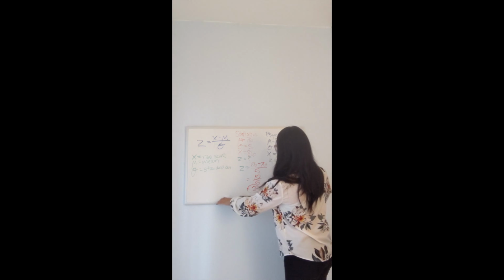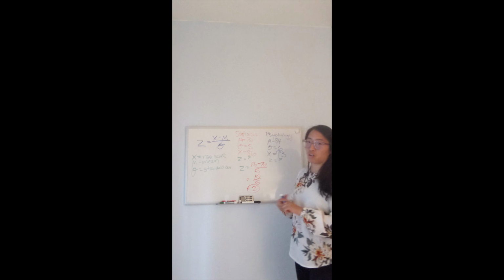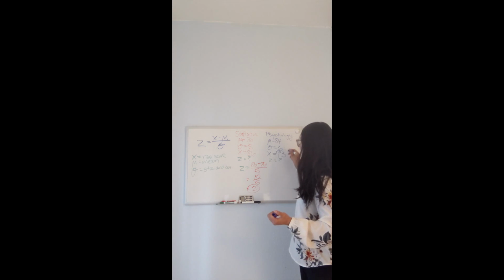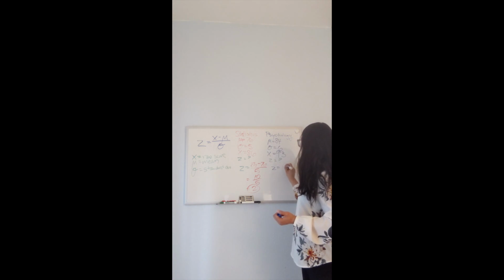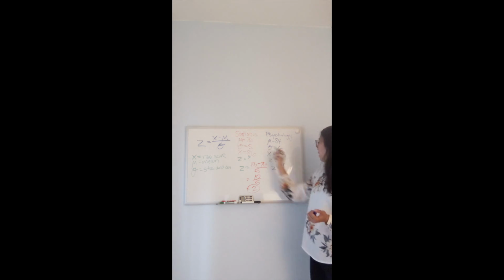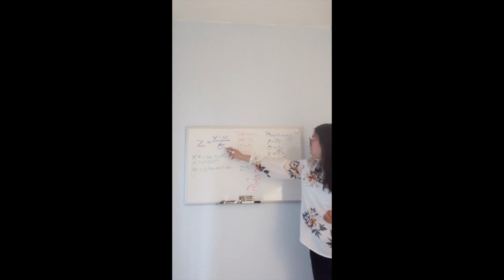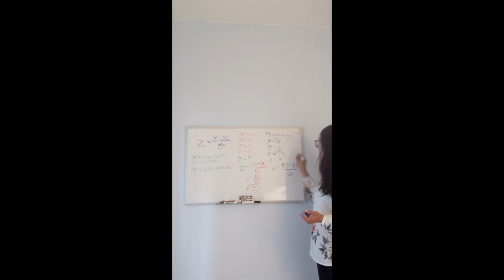I had to do the same thing for psychology. So all I'm doing is taking these numbers and plugging them into the equation. So the z-score, and then the x, right, is 93, minus the mean, which is 84, all over the standard deviation, which is 6, okay?